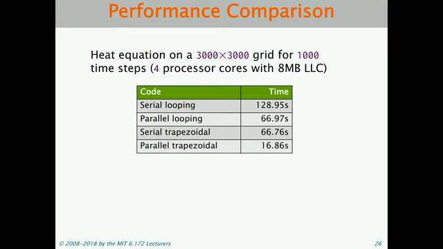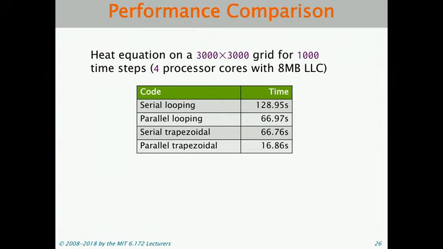So the input size here is much larger than my last level cache size. And here are the times that I got. So the serial looping code took about 129 seconds. And when we did it in parallel, it was about 66 seconds. So it got about a factor of 2 speed up, which is consistent with what we saw.